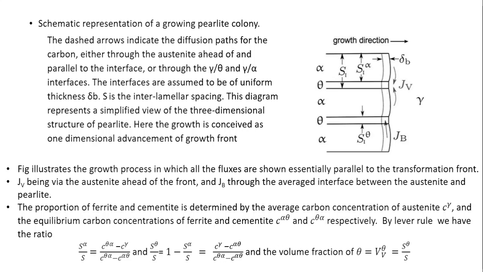It is the carbon concentration of alpha in equilibrium with theta phase. Similarly, these are equilibrium concentrations. Similarly, this C theta alpha is the carbon concentration of cementite phase in equilibrium with alpha, respectively.